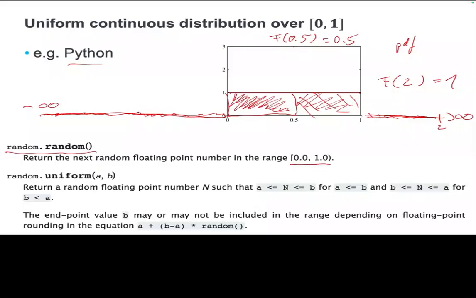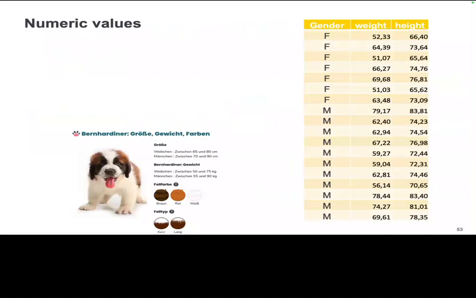I can also modify the intervals, and then I return a number in that interval. And of course, I could use this Python function to program this function by just rearranging the actual output that I give when it's sampled between 0 and 1.